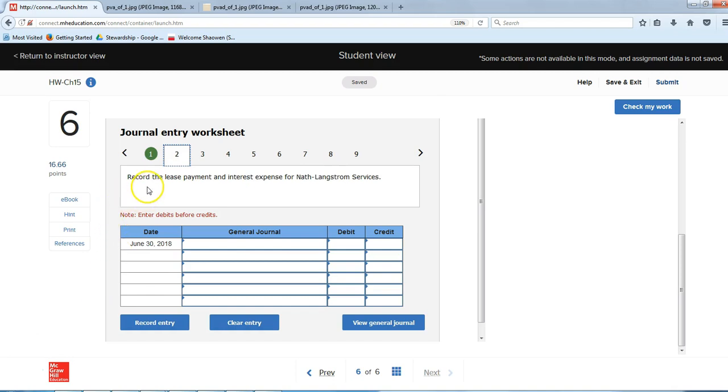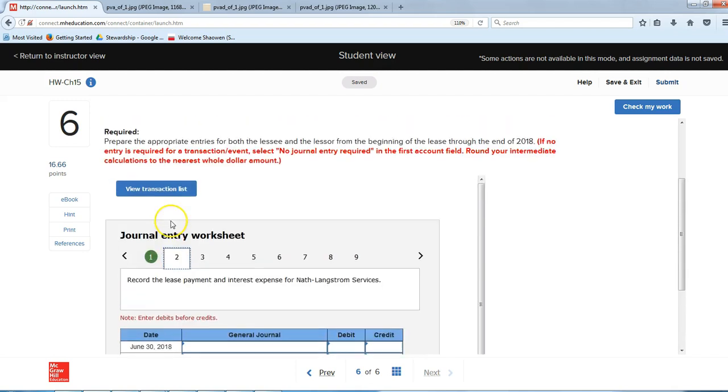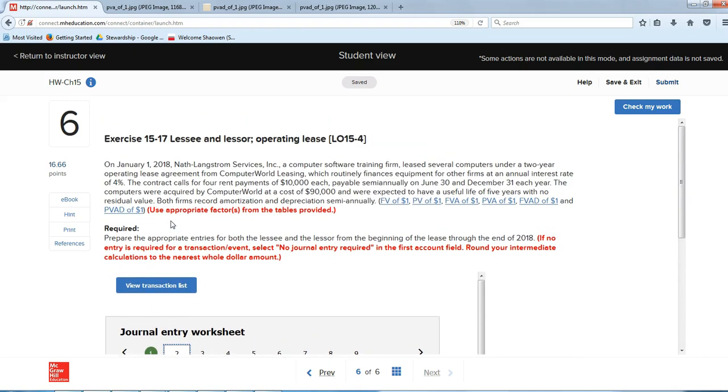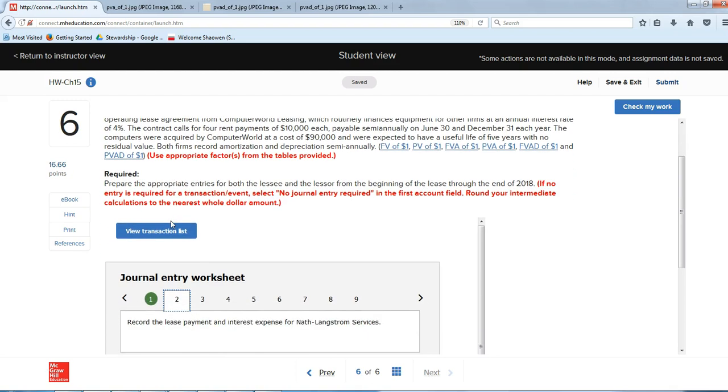In the second journal entry says to record for lessee the interest expense on June 30th. So 6 months later, they made a payment. How much is interest?